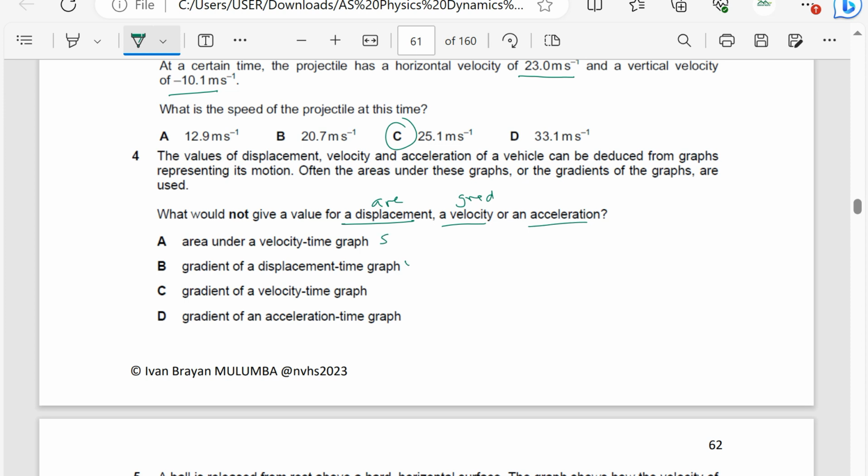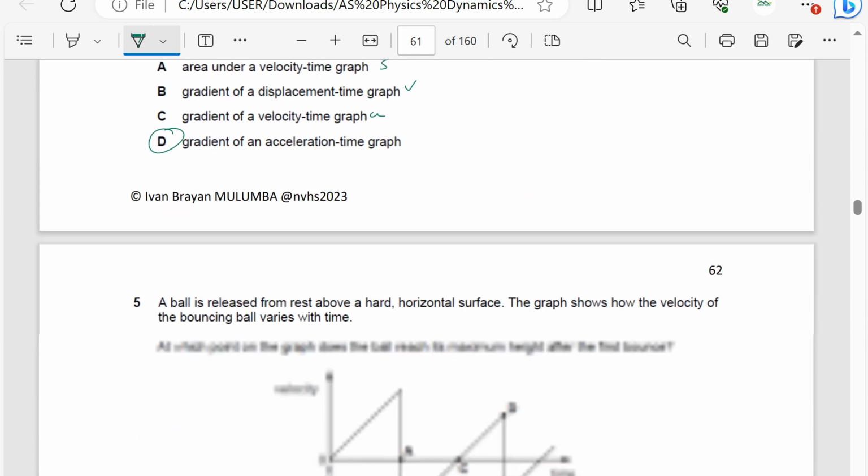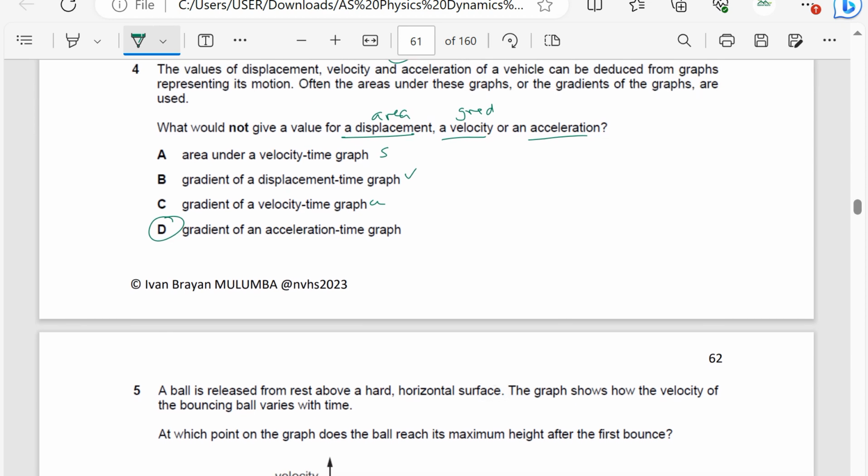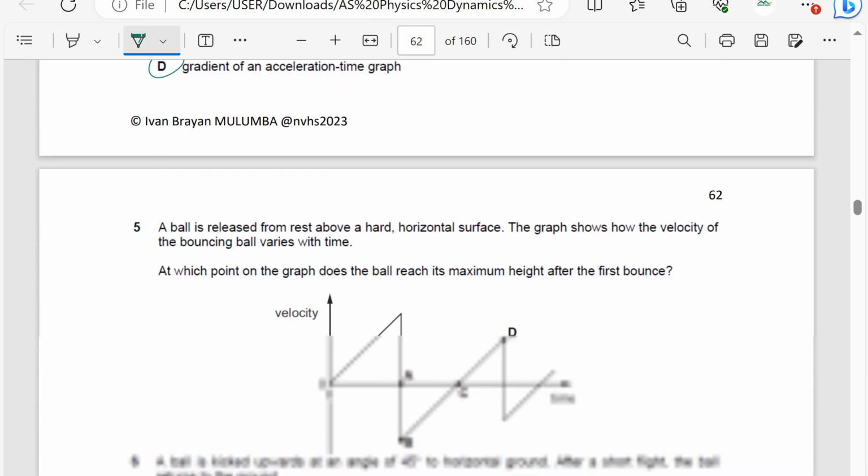Gradient of displacement time graph gives velocity. Gradient of velocity time graph gives us acceleration. Gradient of an acceleration time graph: what would not give a value of those? So the gradient does not give a value of any of those. So the answer is D.